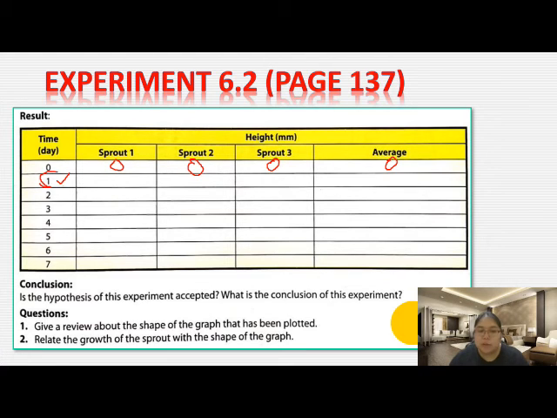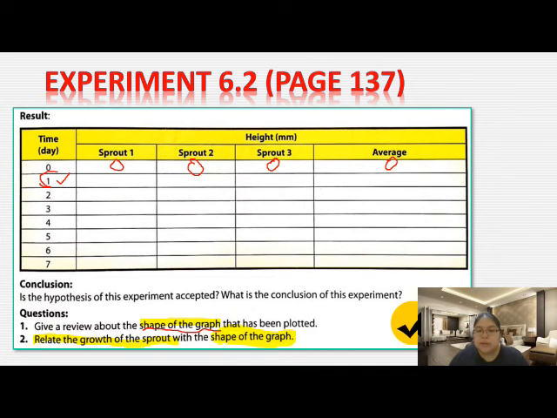So that means, one, you need to plot the graph. After plotting, you need to tell what name this shape is called. I told you already, they call it sigmoid. Sigmoid graph. So this is the shape of the graph. Number 2, you need to relate the growth of the sponge with the shape of the graph.